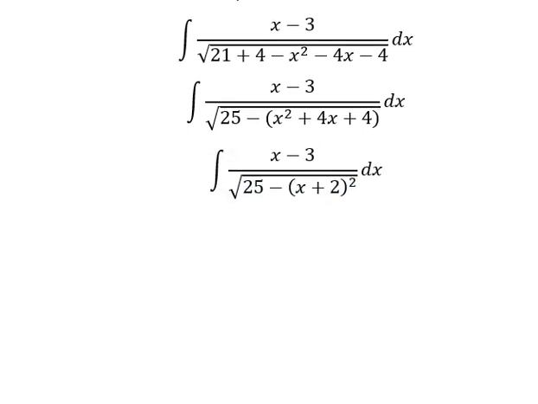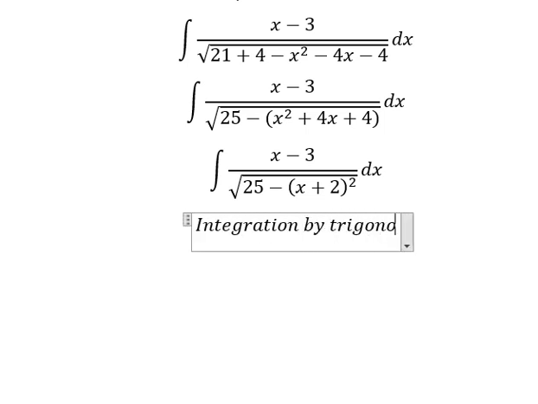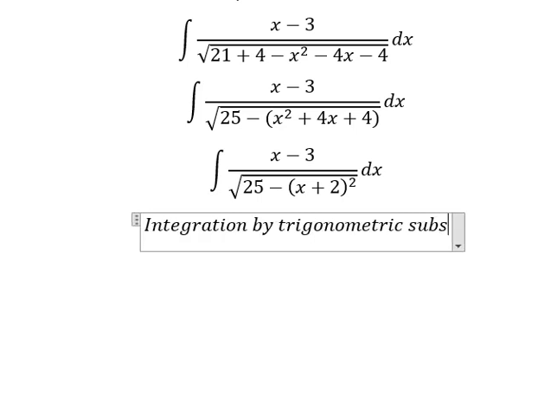So we can use integration by trigonometric substitution.